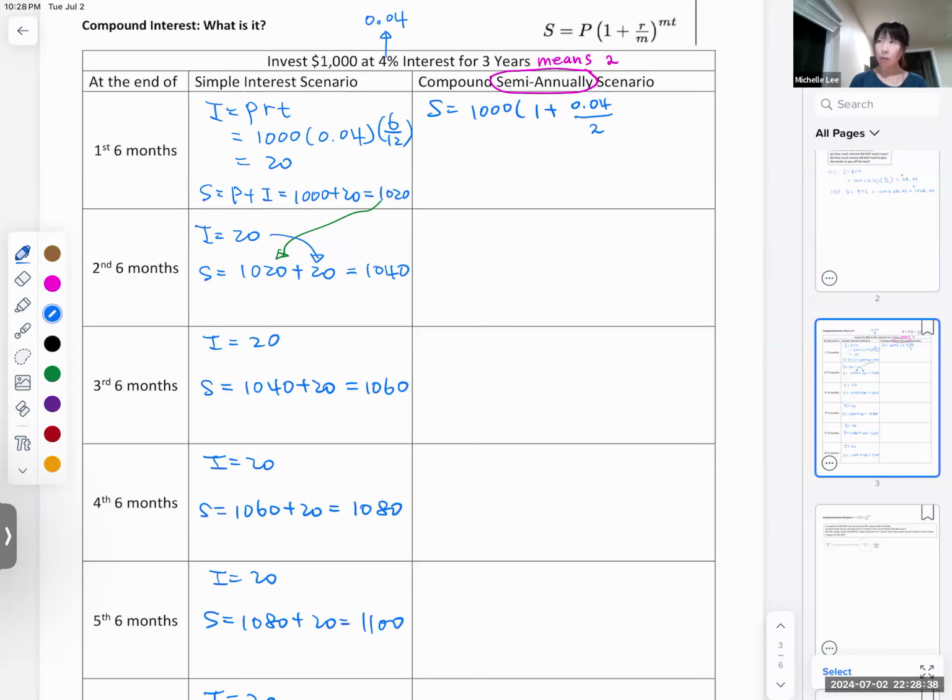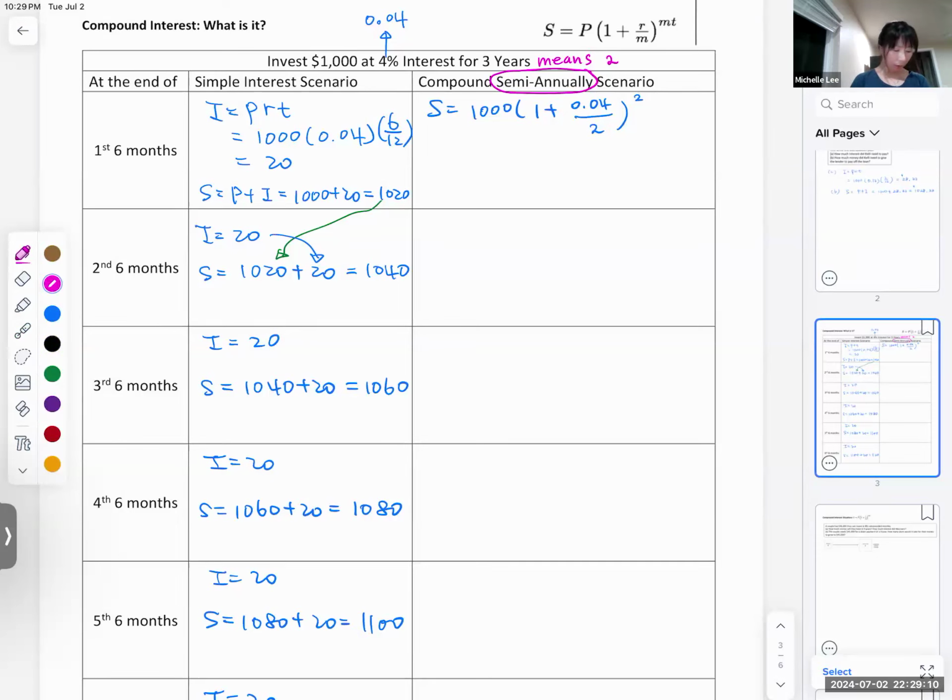And let's talk about the T. The exponent is M times T, right? So M, which is 2, because this is the M, and T is the first 6 months, so 6 over 12.